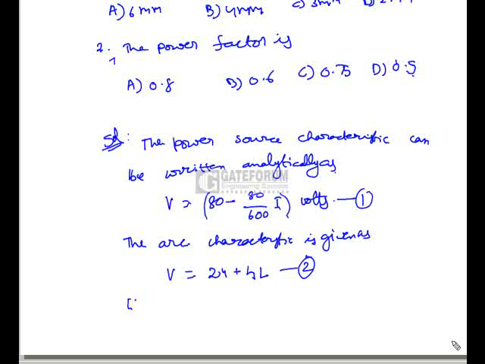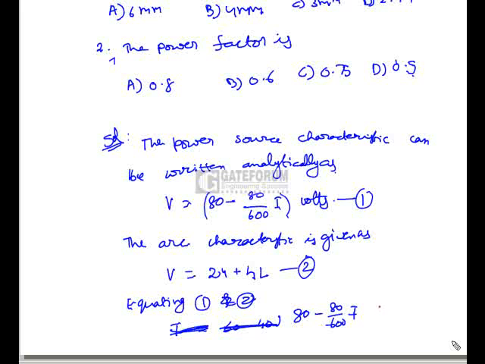Now equate 1 and 2. Equating 80 minus 80 by 600 I to 24 plus 4L, we can write I in terms of L as (56 minus 4L) into 600 by 80.